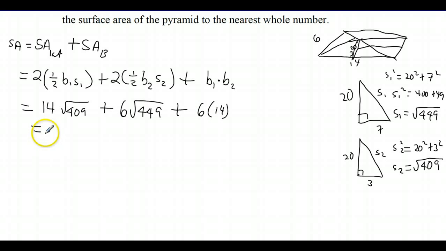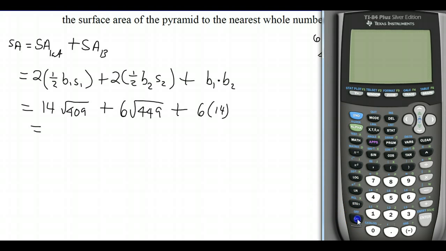And yeah, I'm not really going to do a lot of simplifying. Let's just work this out. So we have 14 second root 409, arrow over to get out from under the root sign, plus 6 second root 449, again arrow over to get out from underneath the root sign, plus 6 times 14.